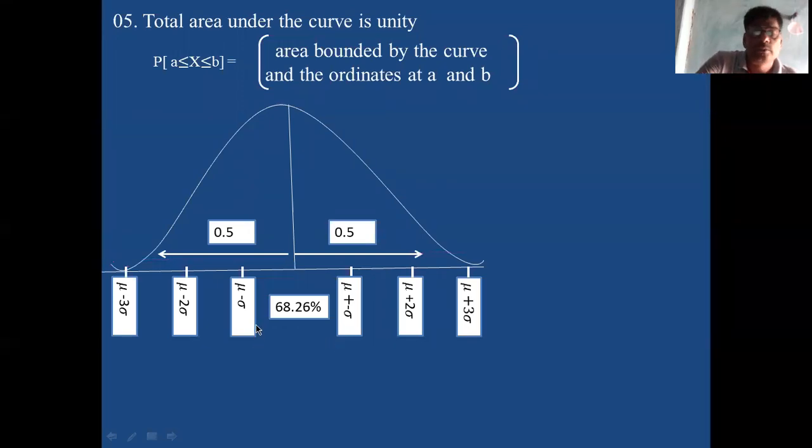Then you remember the area from mean minus standard deviation to mean plus standard deviation. This area is 68.26%. If you want to express it as a fraction, this area is 0.6826. Remember this.